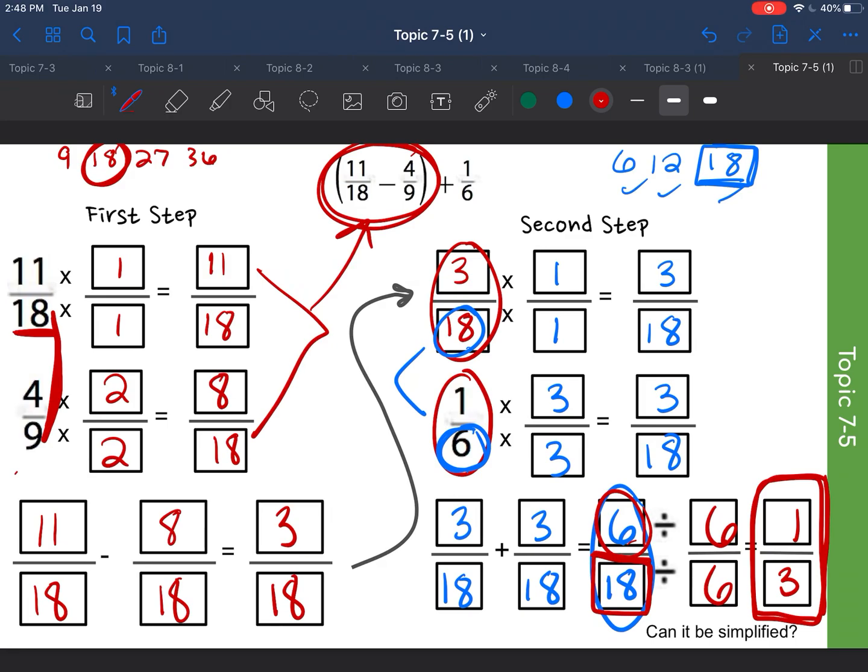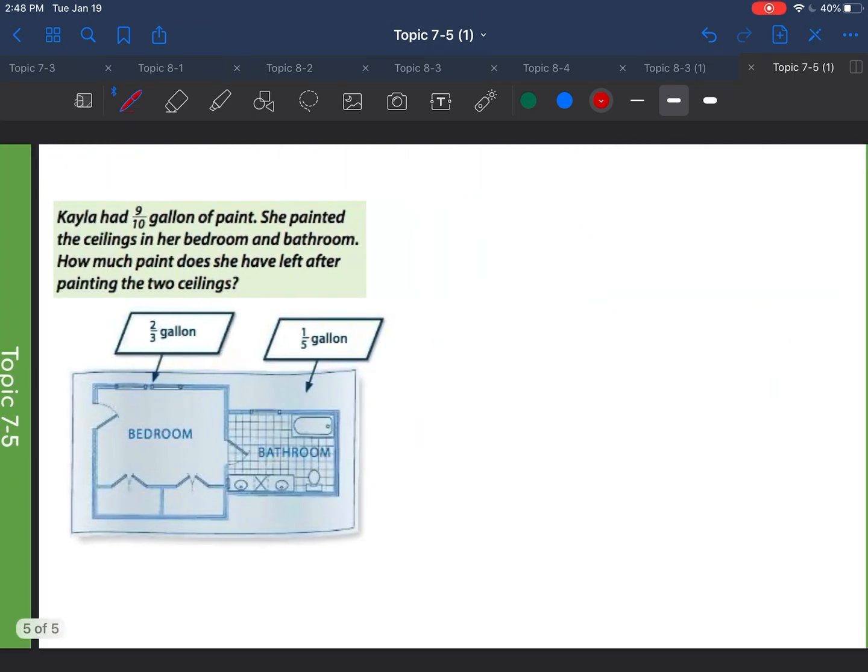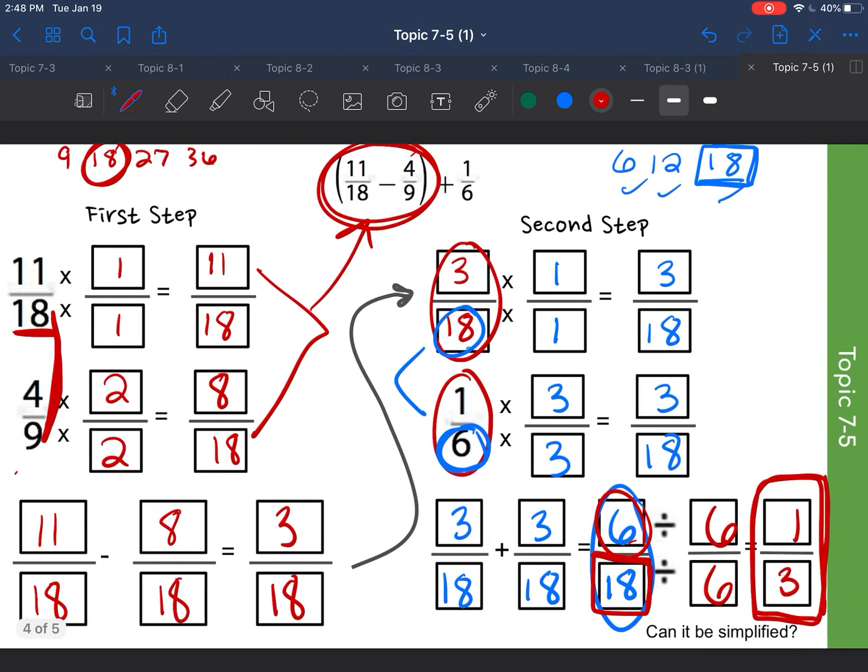All right. So what I want you guys to do is there is a Google slide that is located in your classroom. It's going to have a few problems that look very similar to this one. Don't worry about this last problem right now. You're going to complete those few problems on that Google slide and make sure you turn that in.